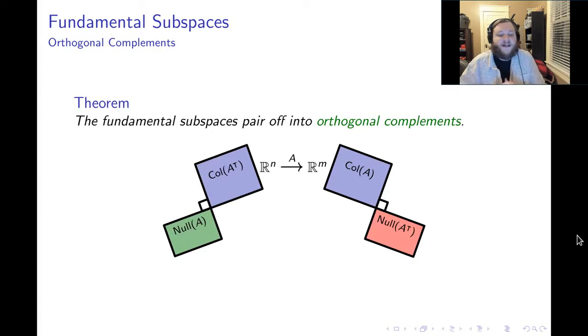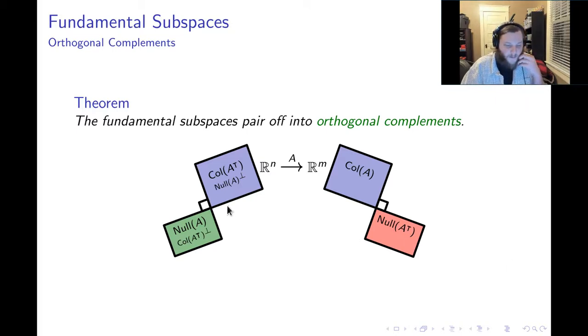So we can state this as a theorem, and the way that I like to summarize this in my head is by saying that the fundamental subspaces of any matrix pair off into orthogonal complements. Everything in the row space is orthogonal to everything in the null space, and everything in the column space is orthogonal to everything in the left null space. We have notation that indicates this.